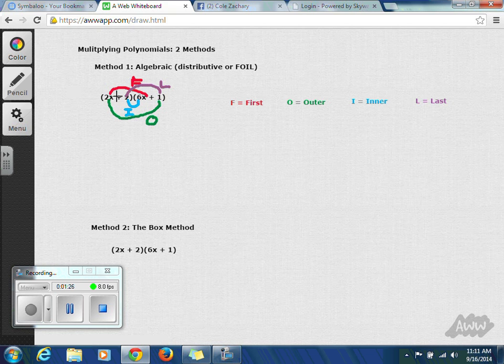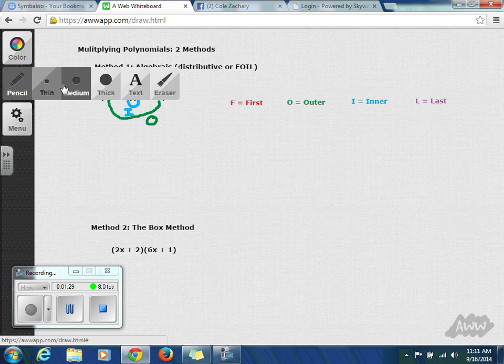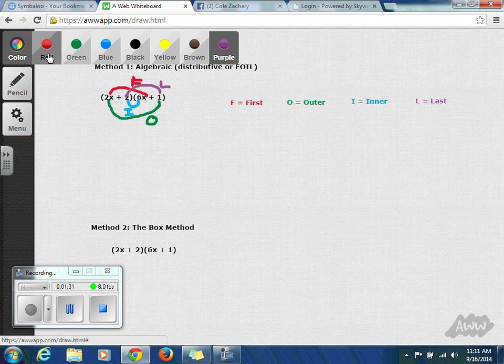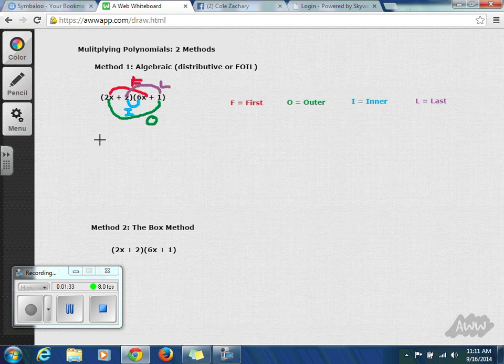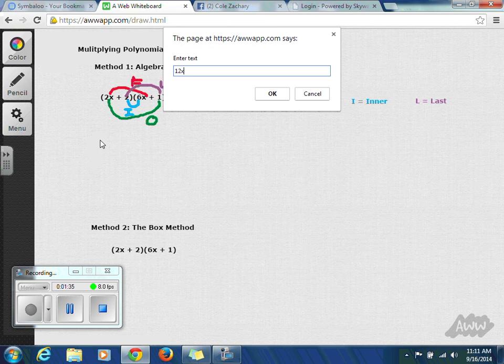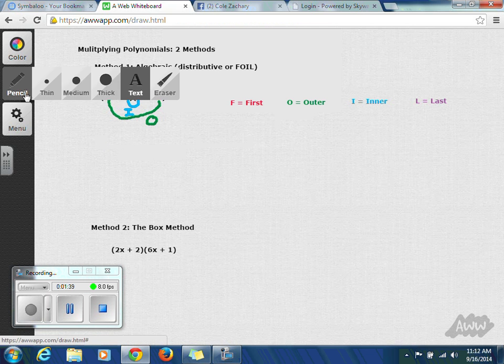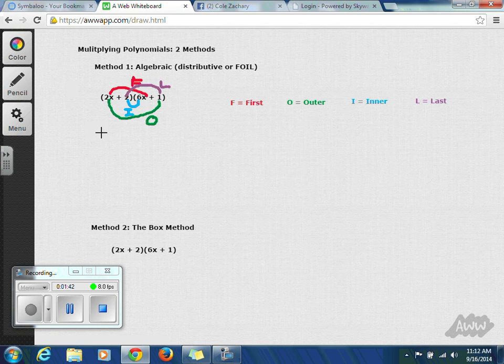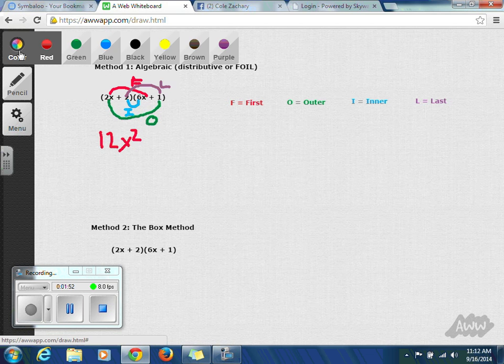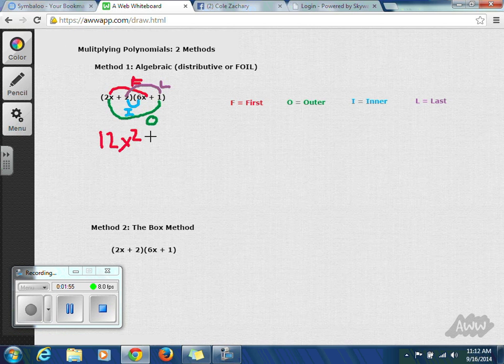When I'm doing 2x times 6x, that gives me 12x squared. When I multiply the outer, 2x times 1, that gives me 2x.